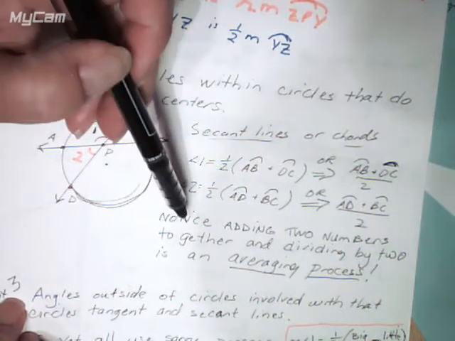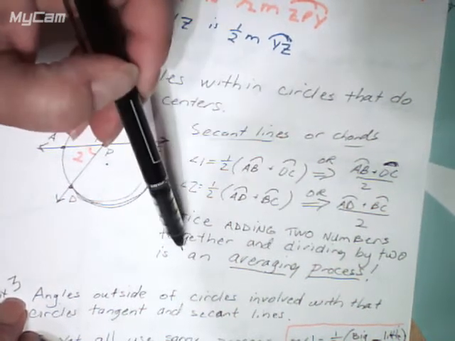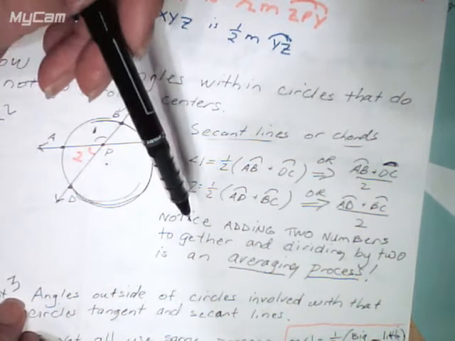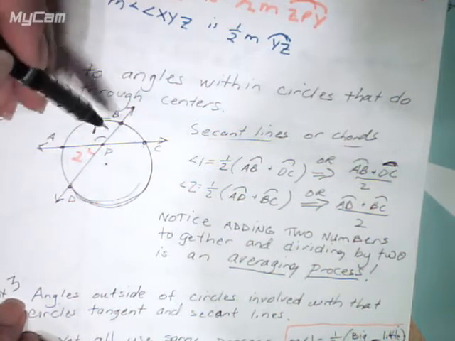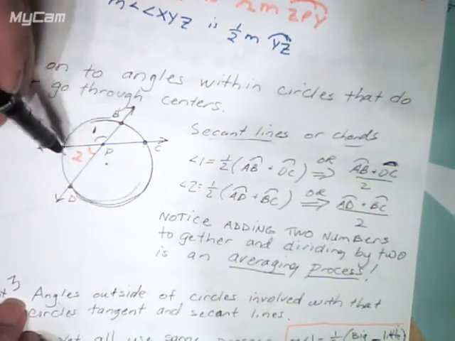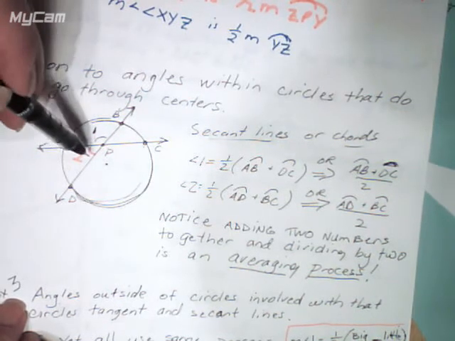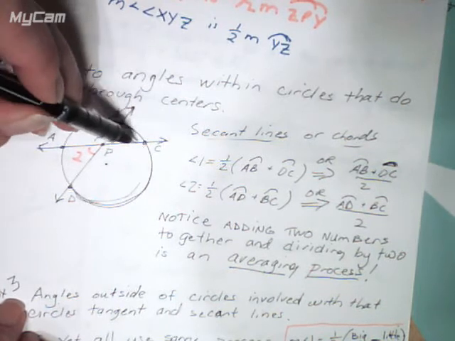Notice that any time you add two numbers together and divide by 2, you are doing an averaging process. That may help you remember what's happening here. And angle 2, the same way but with different arcs, is equal to 1/2 AD plus BC.